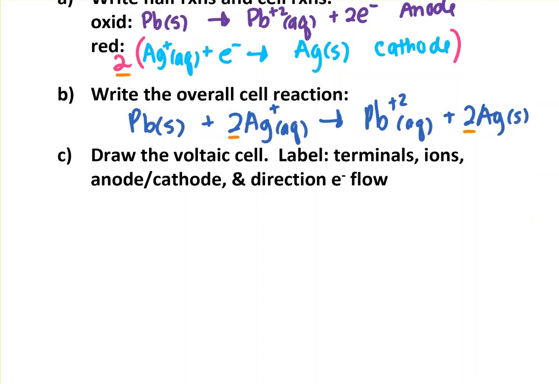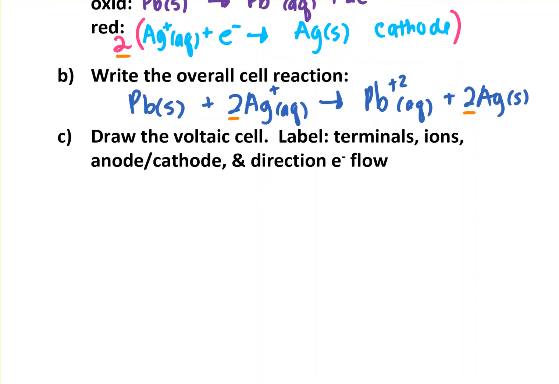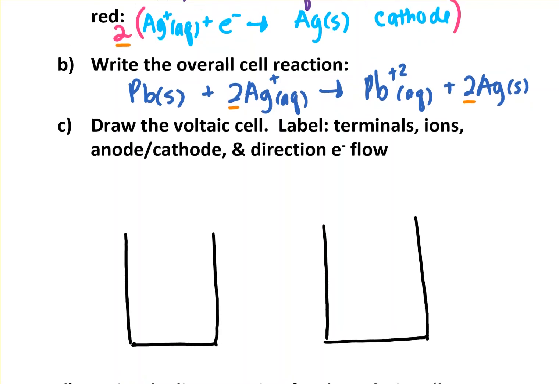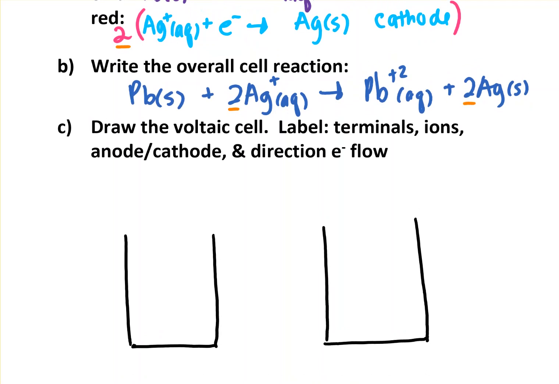Next, we're going to draw the voltaic cell for each half cell and label everything. When you do this, keep track. Your anode needs to be on the left and the cathode needs to be on the right.